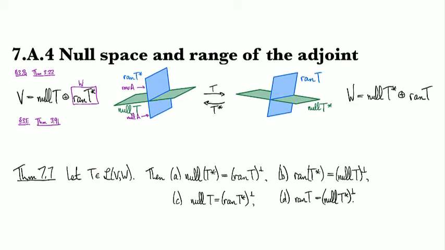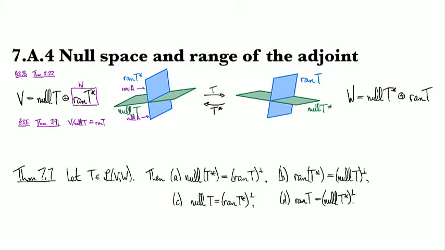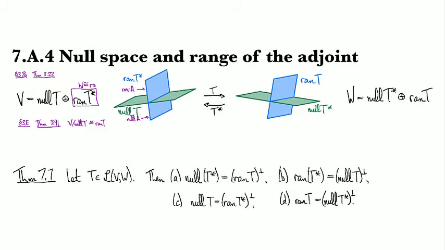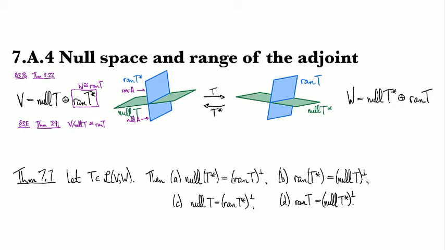Theorem 3.91 said that if you do V mod the null space of T, then the resulting thing is isomorphic to the range of T. And so that tells us that the other thing on this direct sum right here is something that looks like the range of T. By looks like, I mean is isomorphic to.